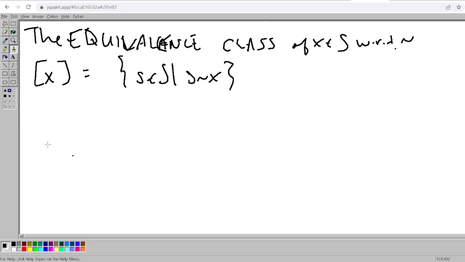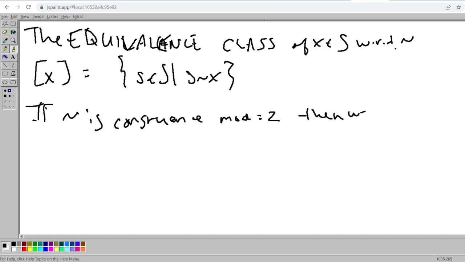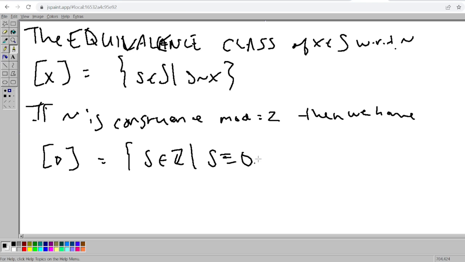Say we have congruence mod 2. Then when x is equal to 0, we have the set of s in Z where s is congruent to 0 mod 2, which is basically just s in Z, s is even.